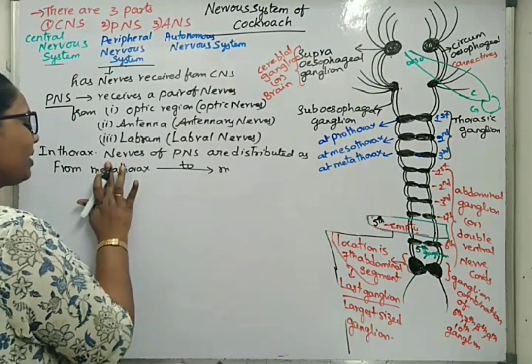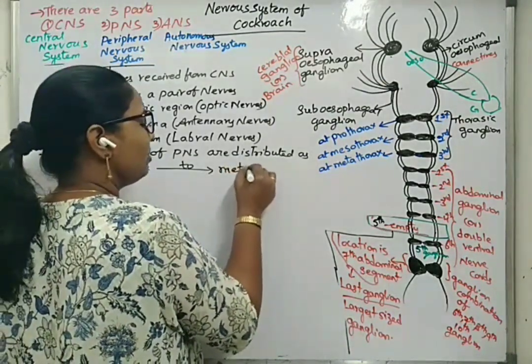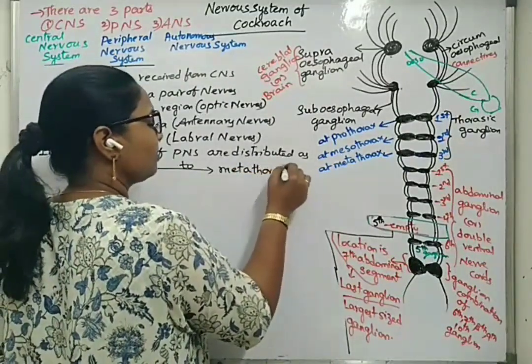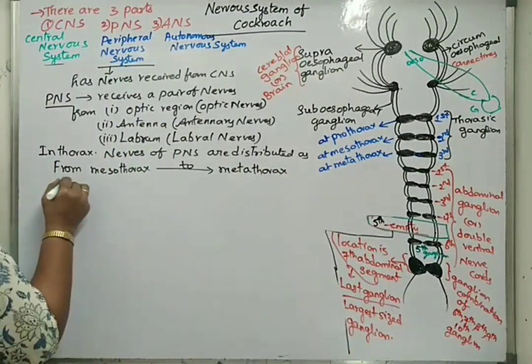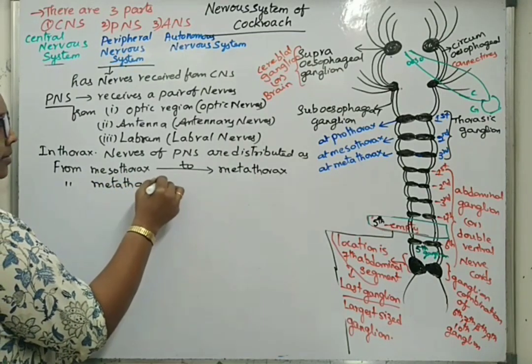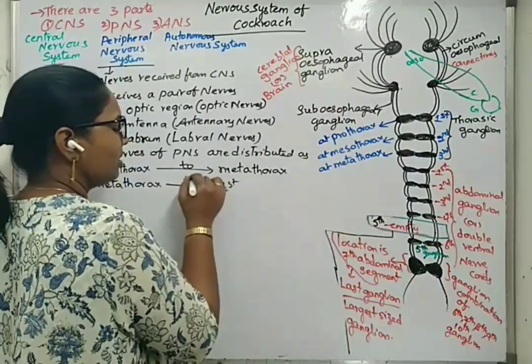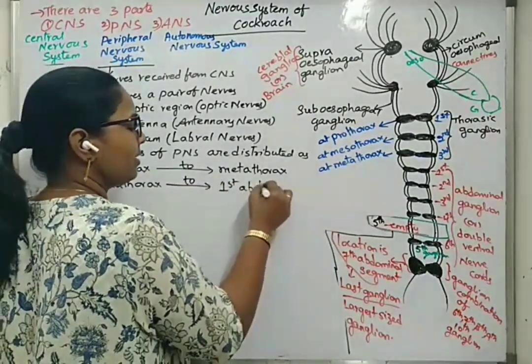From the mesothorax, nerves are passed to the metathorax. From the metathorax, nerves are passed to the first abdominal segment.